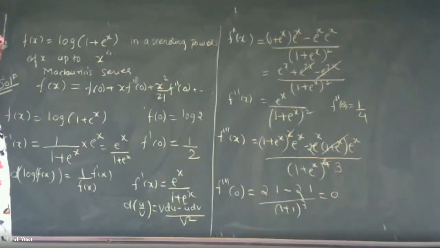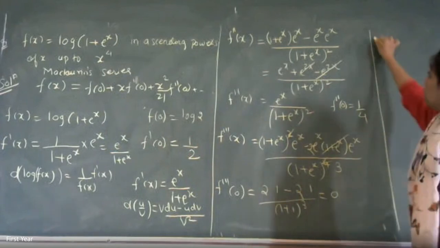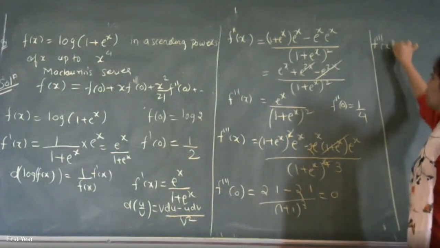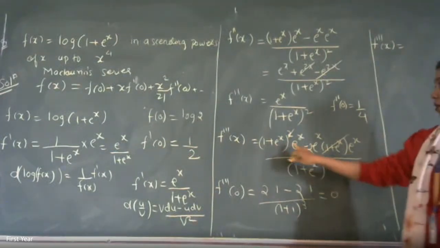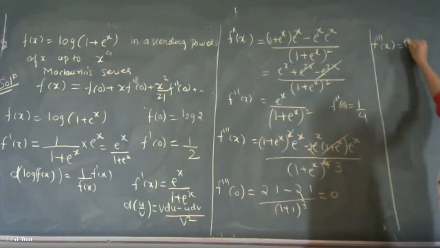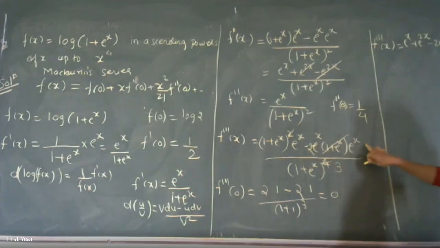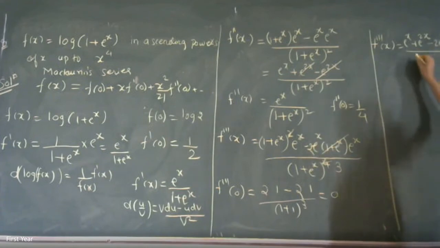Now you have to find the fourth derivative. So please write down first f triple dash of x in a simplified form. I have cancelled out one square term. So e raised to x plus e raised to 2x minus 2 into e raised to 2x, divided by 1 plus e raised to x cubed.